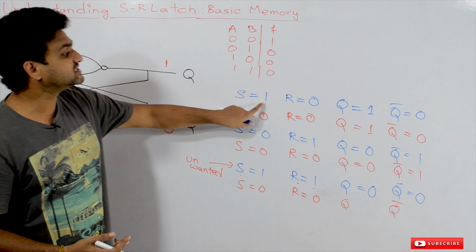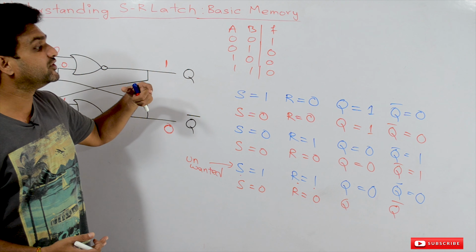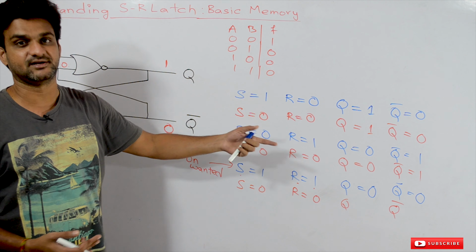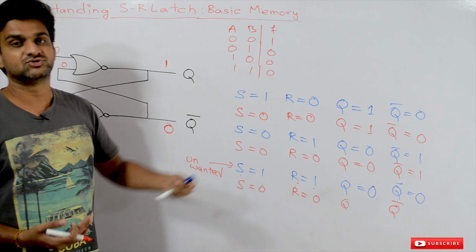Whenever the value of S is equal to 1, we are going to set the memory to 1. The values that we store in a device may be either 0 or 1. 1 bit means 0 or 1. So whenever S is 1, we set the circuit, and whenever R is 1, we reset the circuit.